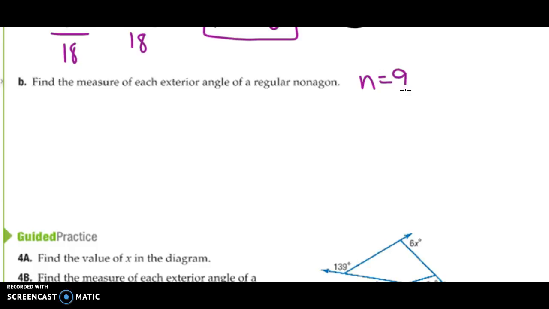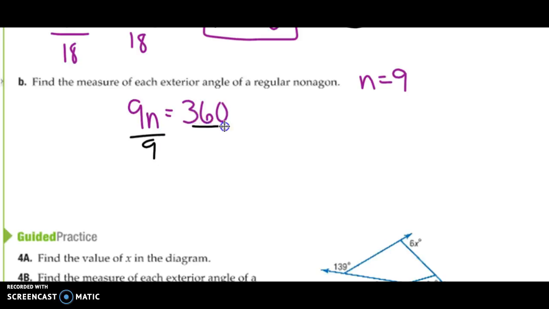So essentially, we have a regular nonagon, which means all of the angles are the exact same. And it means that their exterior angles are also going to be all the same. So 9 times the measure of each angle has to add up to 360 degrees, since all of them are the same.